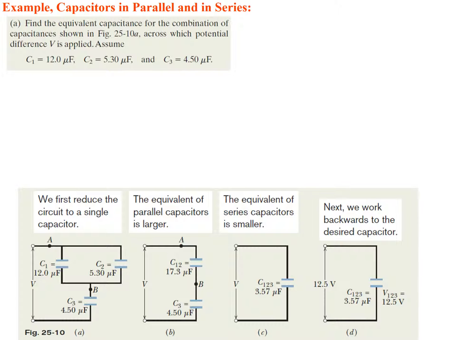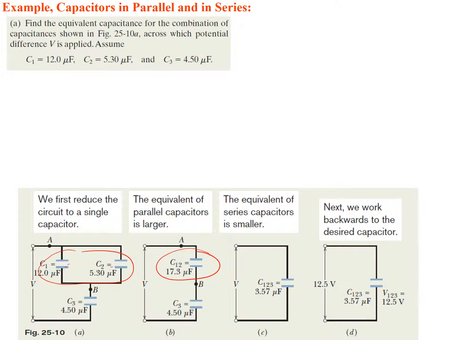So the first thing we want to do is reduce the circuit to a single capacitor, right? That's going to help us figure out what this equivalent capacitance is. By doing that, the first thing we want to do is take these two in parallel and combine them into one. So these two are going to get combined into that one.